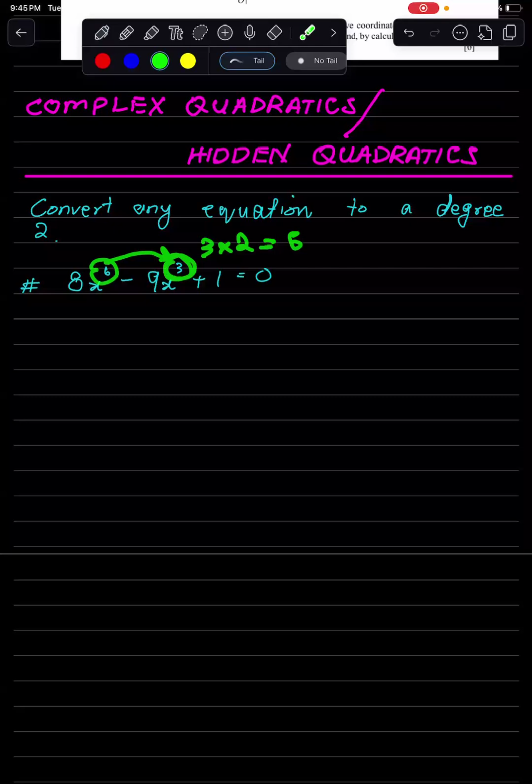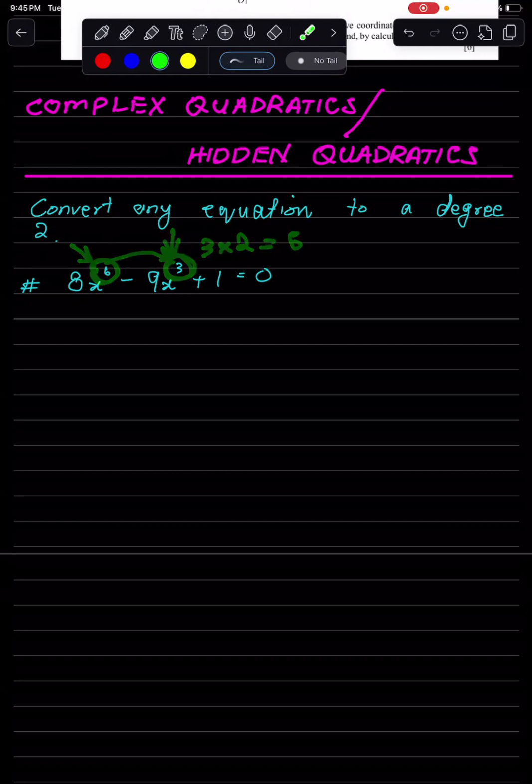The highest power and the second highest power are always in a relationship in a sense that they are multiples of each other. Does it make sense?